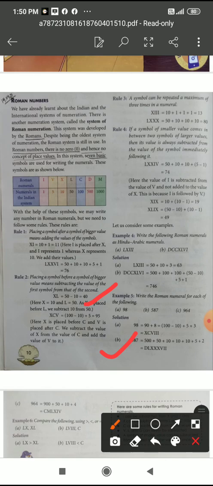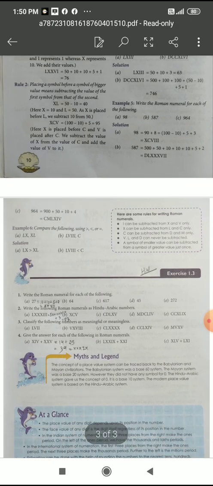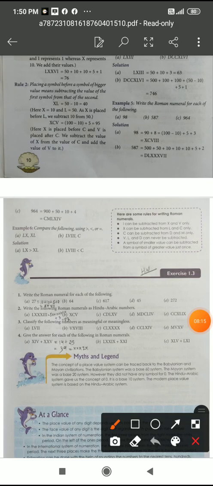Then 587. Then C bit: 964. 964 means 900 plus 60, that is 50 plus 10, plus 4.